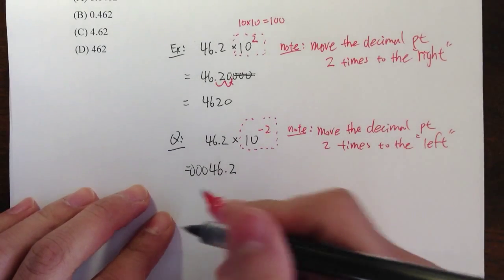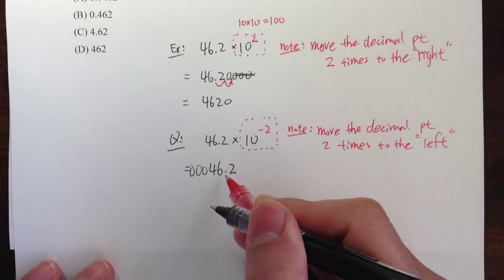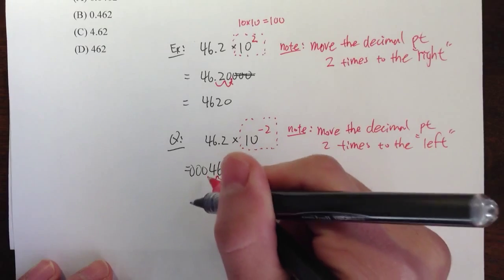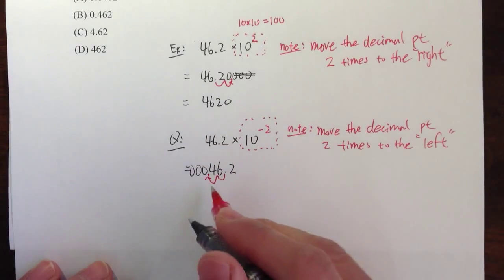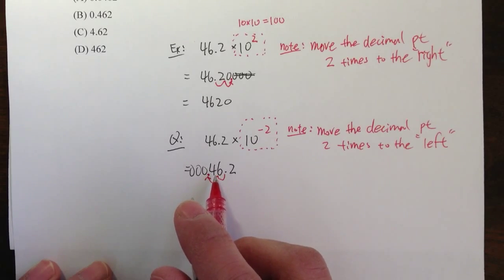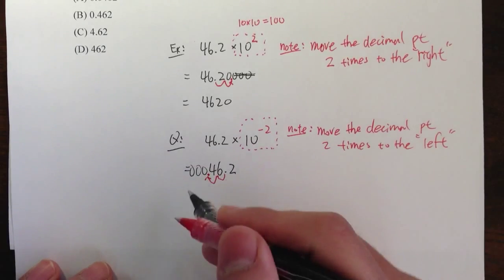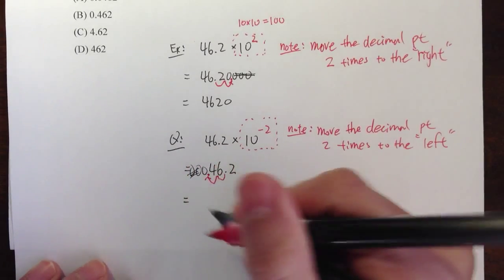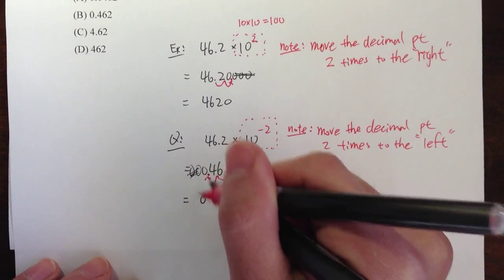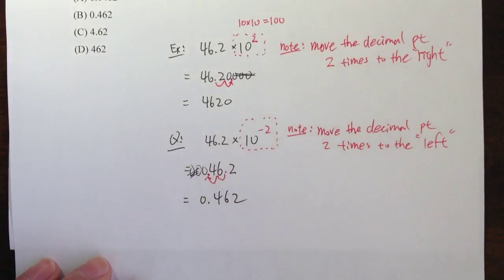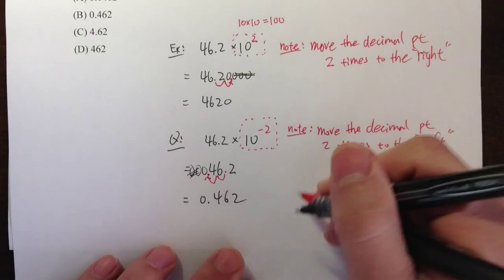I put a zero right there so that when I take this decimal point and move it once and then twice to the left, I can locate the decimal point right here, in between my 0 and a 4. And these zeros don't matter, so let me cross them out. And this is equal to 0.462.